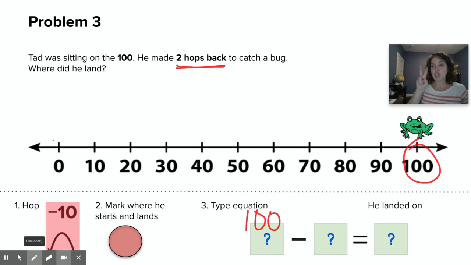Now, are we just taking 2 away? No, we're counting by 10, so we're taking 2 groups of 10, which is 10, 20. So we're subtracting 20, not just 2, and find out what your answer is. 100 minus 20.